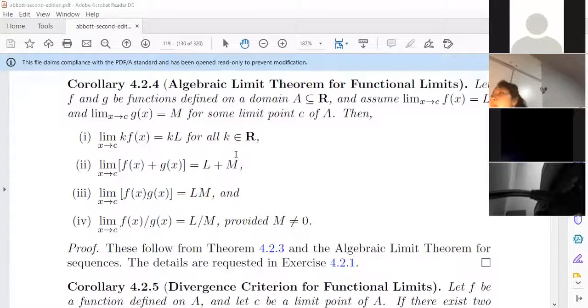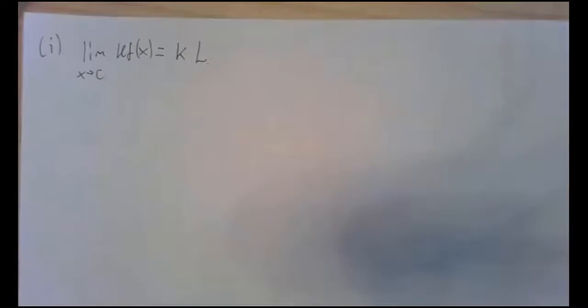So number 1 is the limit of k f of x when x approaches c is kL. Let's try to argue why this one is true.